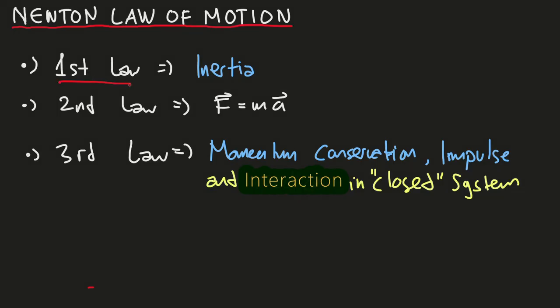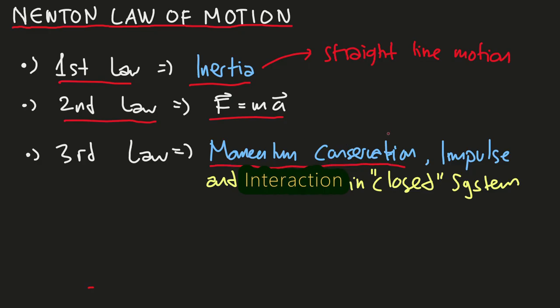Now for a summary, I will write this: the first law is about inertia, and as a consequence of inertia itself, the equation of motion is a straight-line curve in space. The second law is about F equals m multiplied by a, and in the third law we learn about momentum conservation from the second law, the impulse and interaction, again in a closed system.